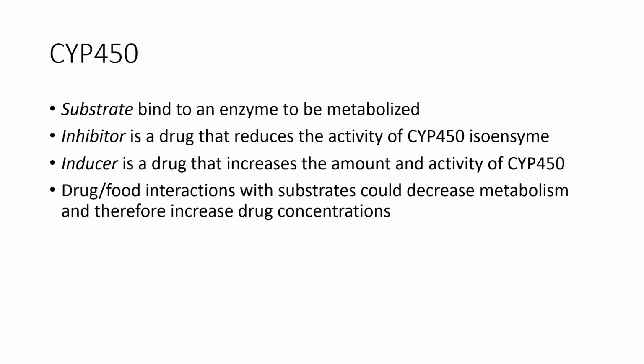When we read about the drugs in the coming chapters, we will see that this drug is an inhibitor, so it is reducing the activity of CYP450. This drug is an inducer, so it is increasing the activity. Drug-food interactions with the substrates could decrease the metabolism, but if they are decreasing the metabolism, they will be increasing the drug concentration on the other side.